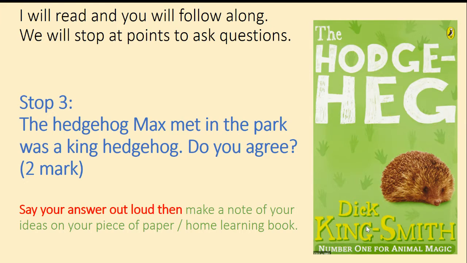Here we go. "Oh," said Max, "I beg your pardon. I thought you were a different Hodgeheg." The stranger looked curiously at him. "Are you feeling all right?" he said. "Yes, thanks," said Max.